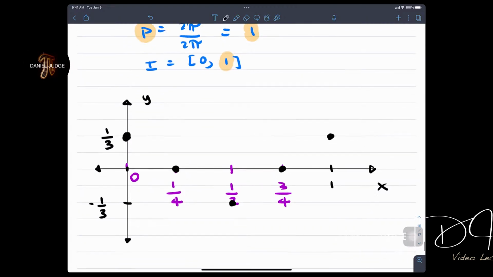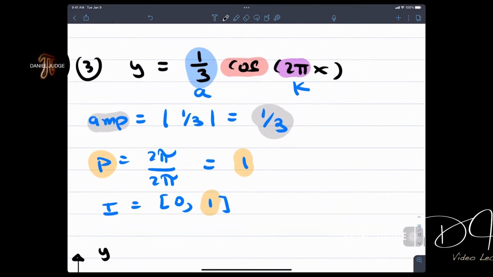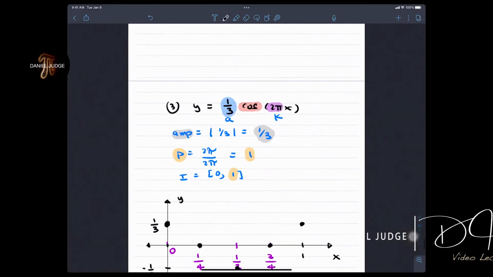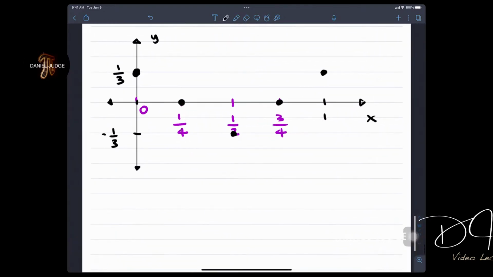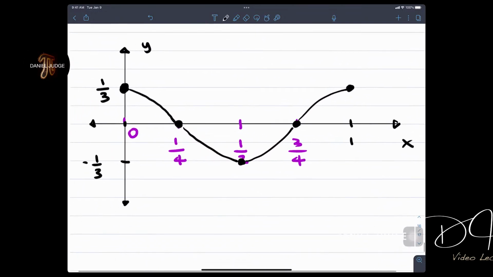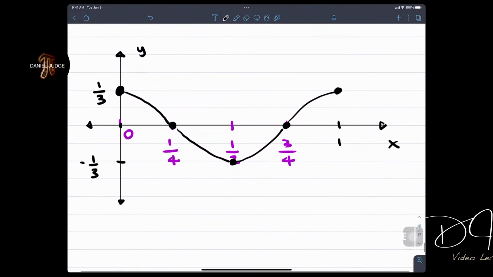So we do need to know the behavior of cosine, and that's why I highlight that. Okay, let's sketch the curve. And there you go. There's your cosine curve.